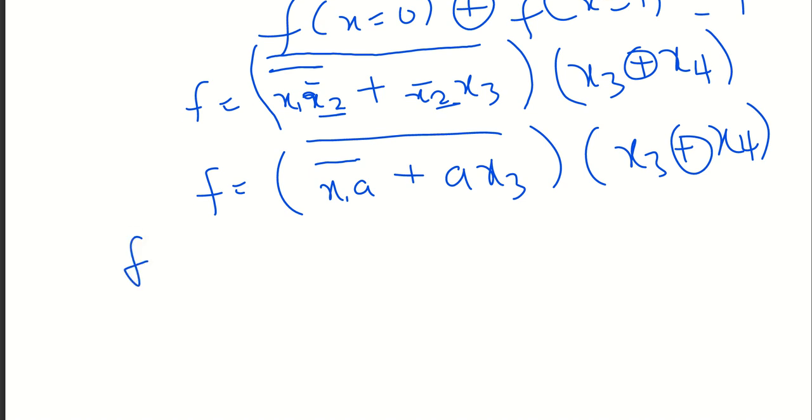So f when a is equal to 0, because you are doing it for a. When a is equal to 0, what will this function be? That's what you are finding. Here will become x1 multiplying 0, so we need the bar to be 0, inverting it to be 1.